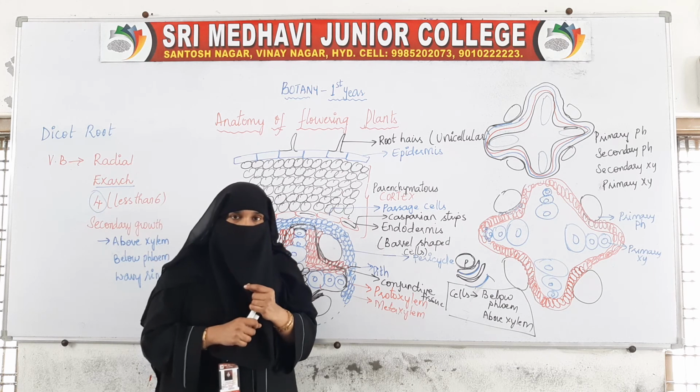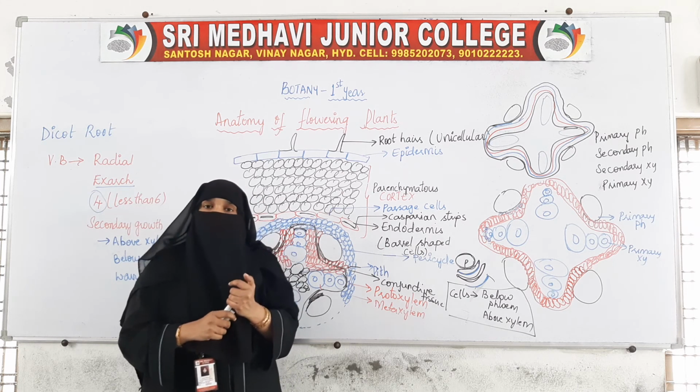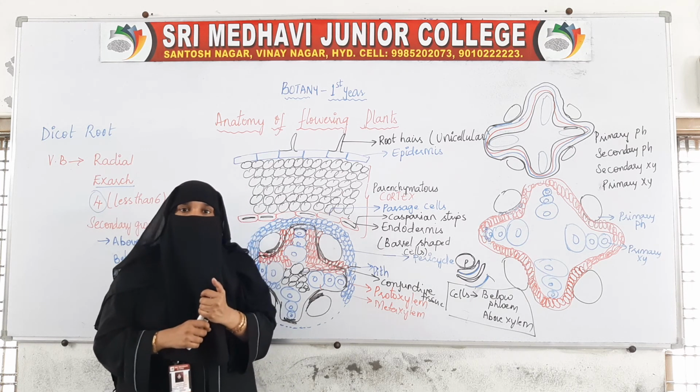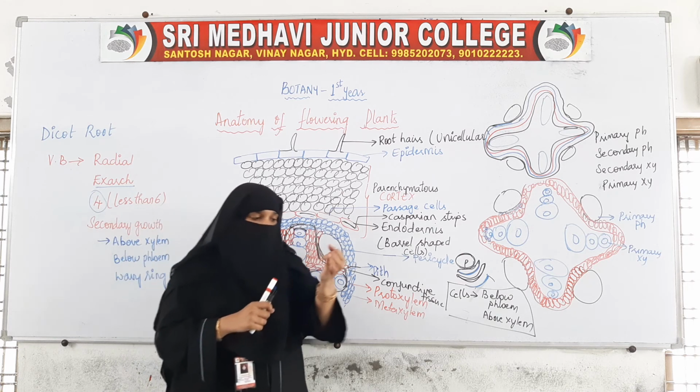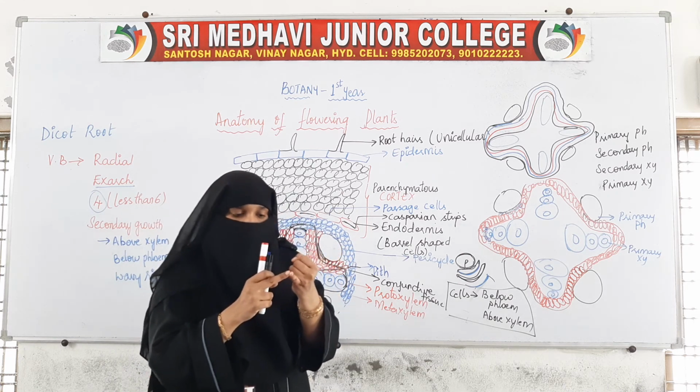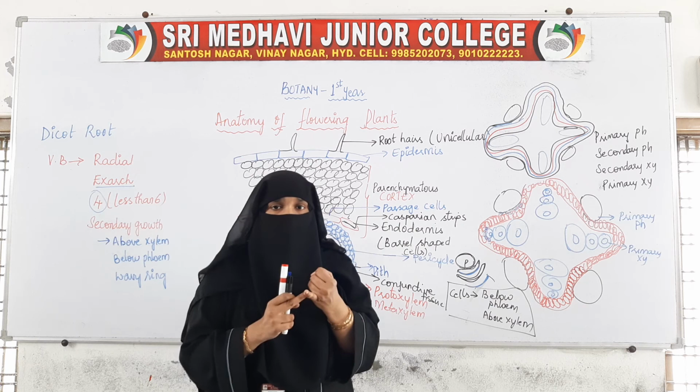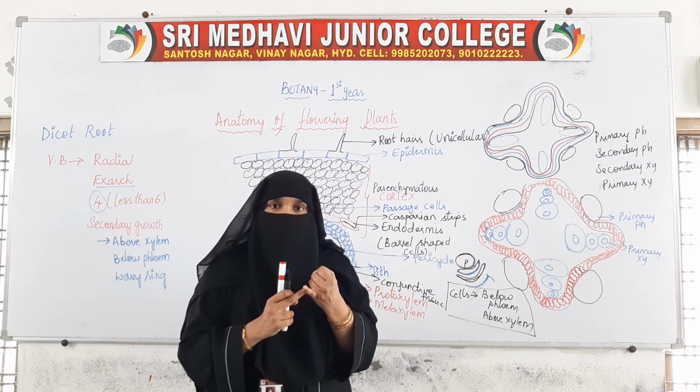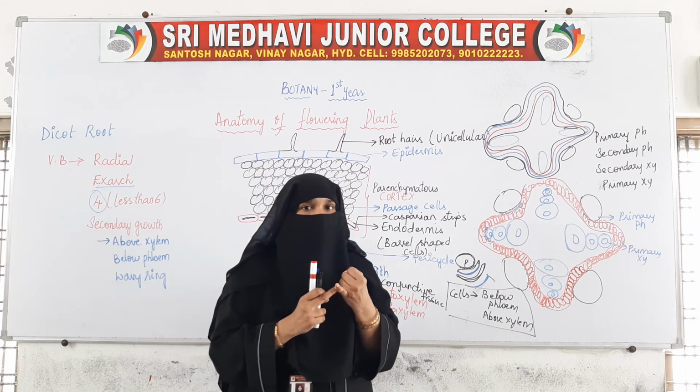The meristematic cells divide and produce new cells, and with the help of these new cells, secondary xylem and secondary phloem are formed.